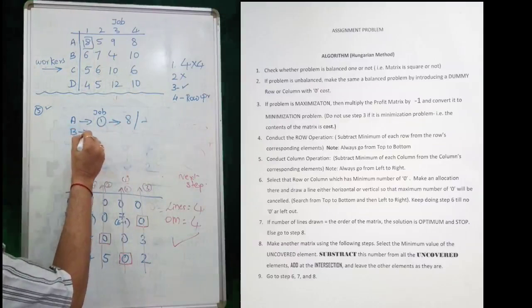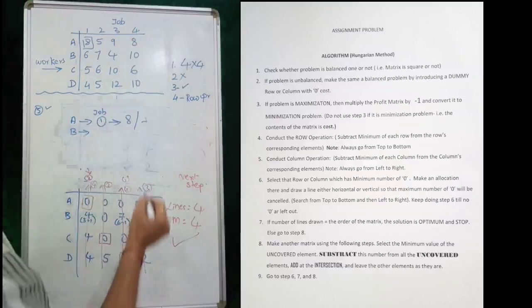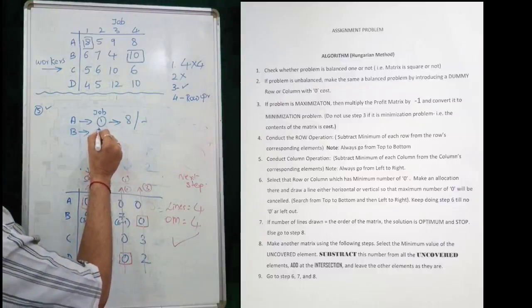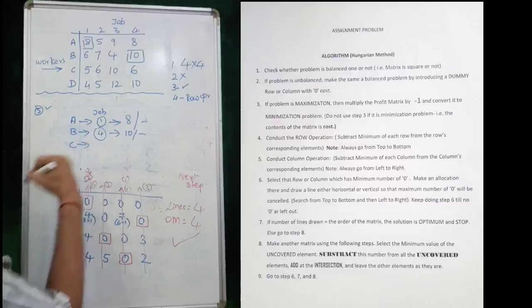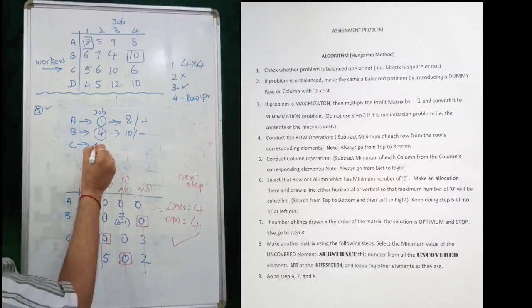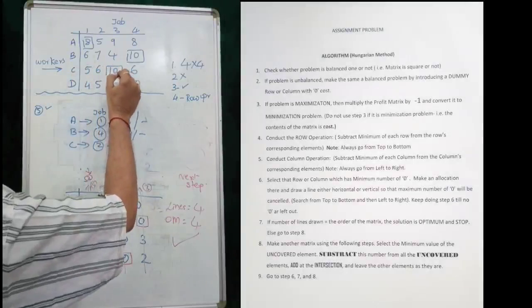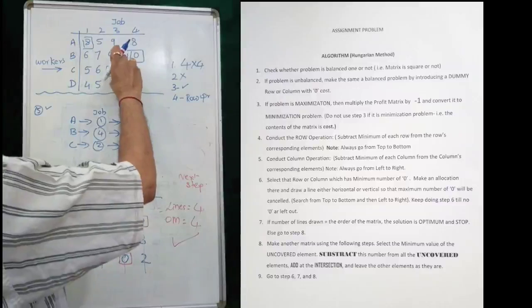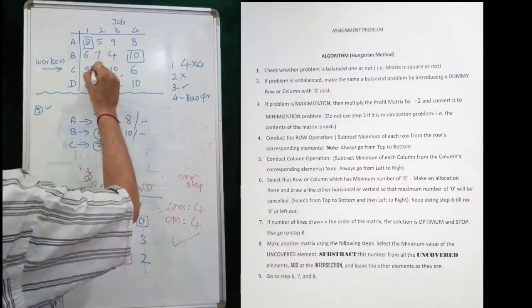B will do job number 4. How much profit is it making? 10 rupees. C will do job number 2.